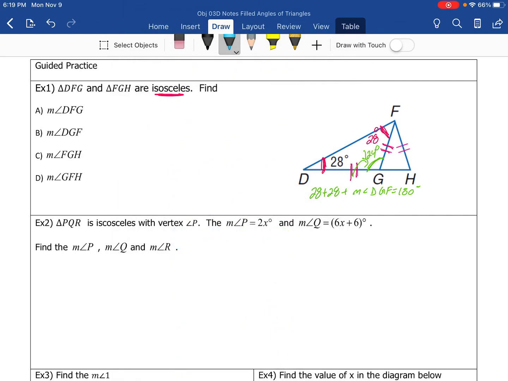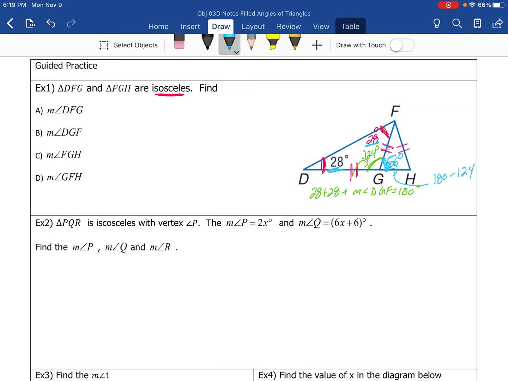Things from the last unit, because we continue to build, which is something that we definitely do with this class. So this angle right here has to be 180 minus 124 because they're a linear pair, which happens to be 56 degrees, which also happens to be 28 plus 28 because 56 degrees is the exterior angle.